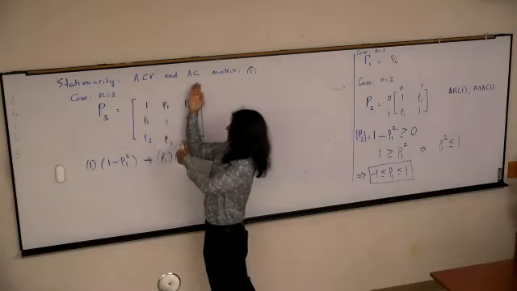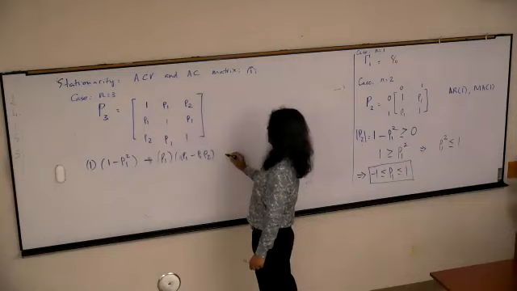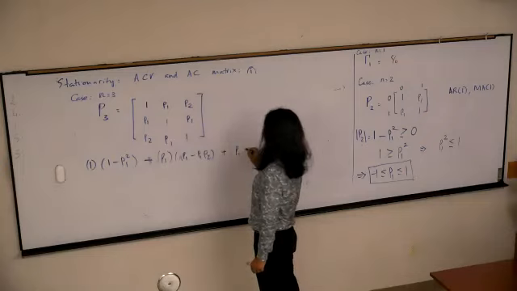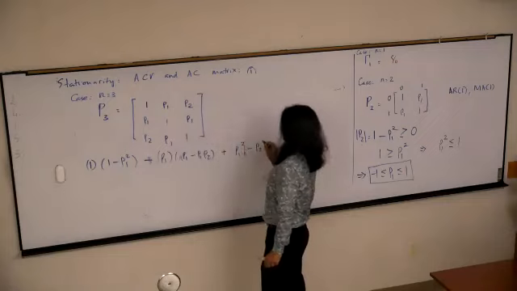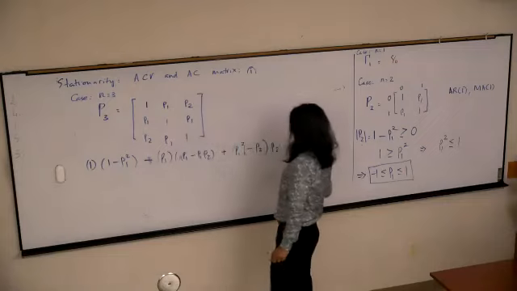Last part, the determinant of that: rho 1 squared minus rho 2 multiplied by rho 2.